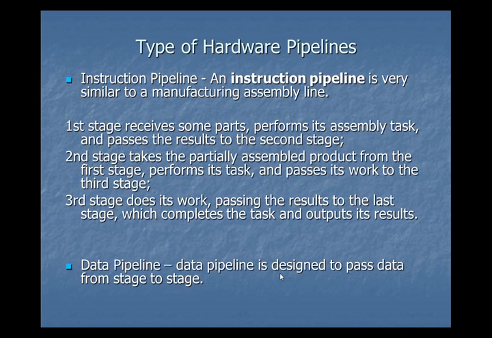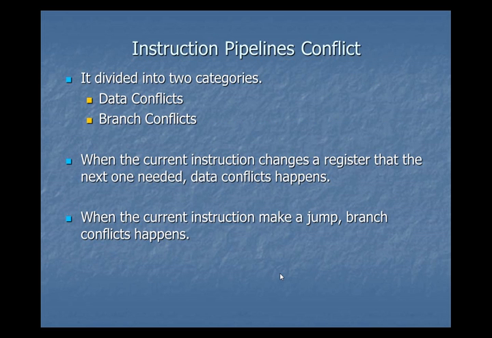It can also be divided into two parts, that is, the data pipeline is divided into two categories: data conflicts and branch conflicts. Now here is an explanation of the data and branch conflicts. When the current instruction changes a register that is needed by the next one, then a data conflict happens.